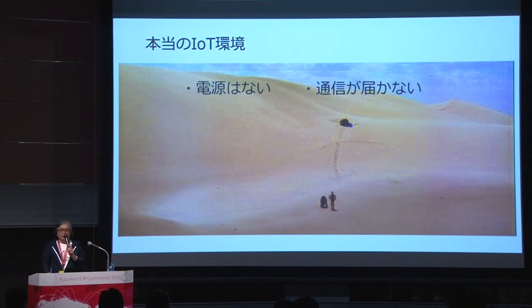Now with earsets you're using Bluetooth 4. Bluetooth 5 is a long-range version, communicating over 100 meters and consuming a very small amount of power. We thought this technology would be a kind of breakthrough.